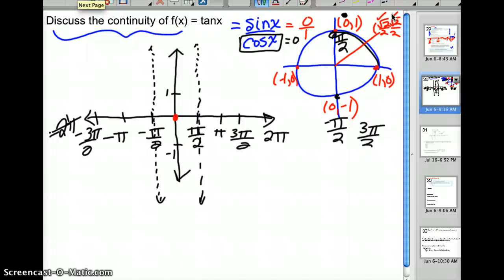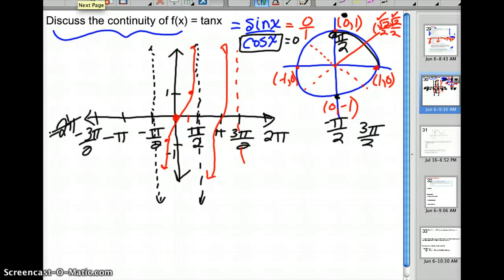So at pi over 4, right about here, we have a 1. And likewise, over here, it's going to be a -1 at negative pi over 4. So I'm going to go this way. All these are either going to be 1 or -1. And you remember this graph from last year, so I don't want to beat it to death. But it runs that cycle as it goes around the unit circle.